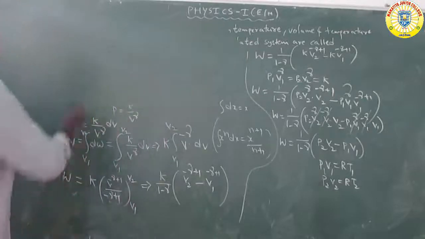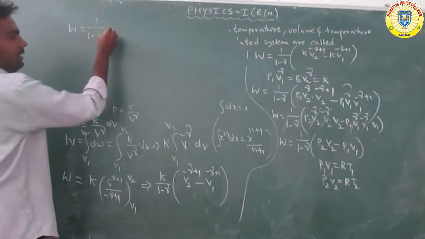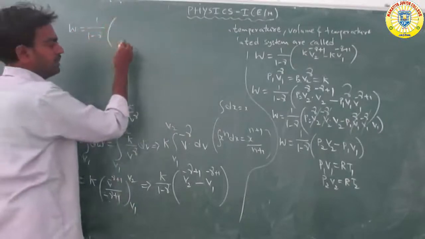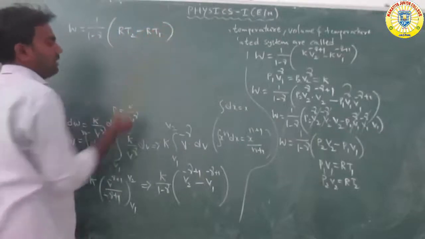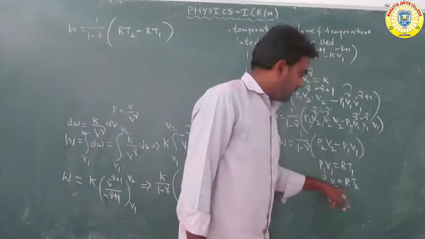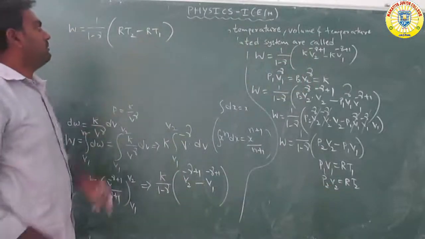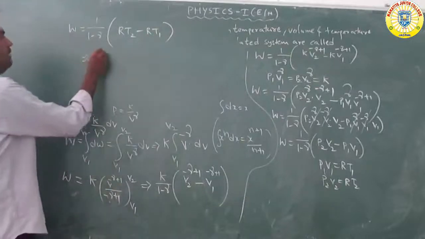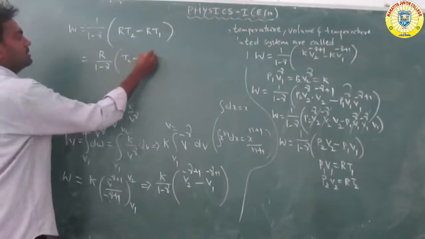So W is equal to 1 by 1 minus gamma, and P2V2 means RT2 minus RT1, substituting. Taking R common, R by 1 minus gamma, T2 minus T1.